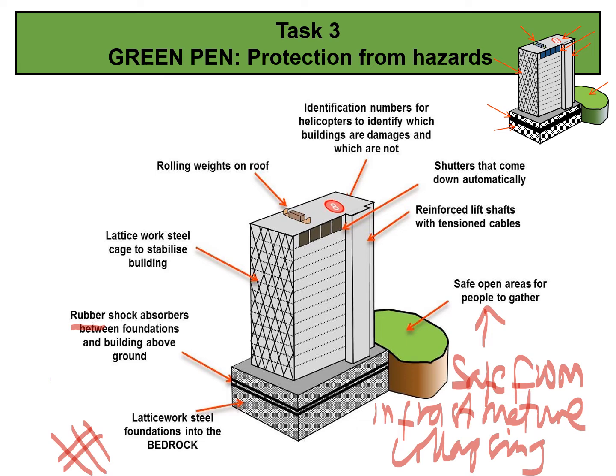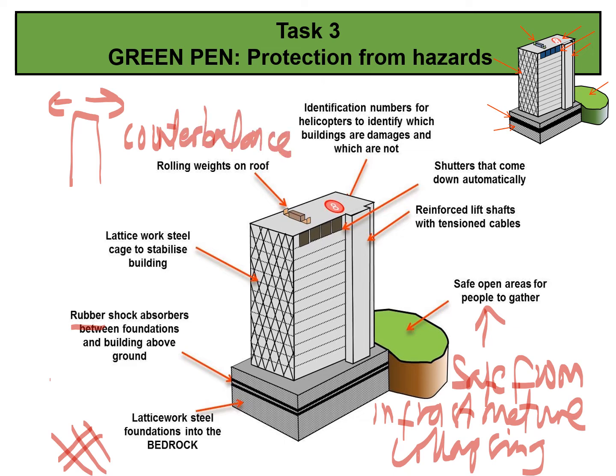So if the building started to sway in this direction, the weight would move in that direction to try and move it back, and vice versa. So it's trying to act as a counterbalance. That's a really good word that you could write down. So the rolling weights act as a counterbalance to keep the building steady.